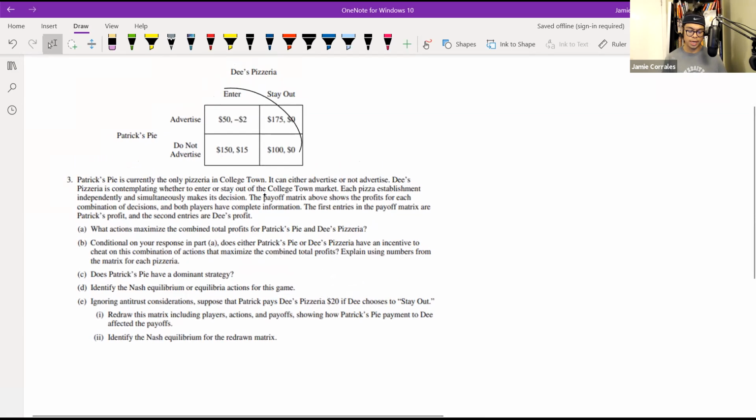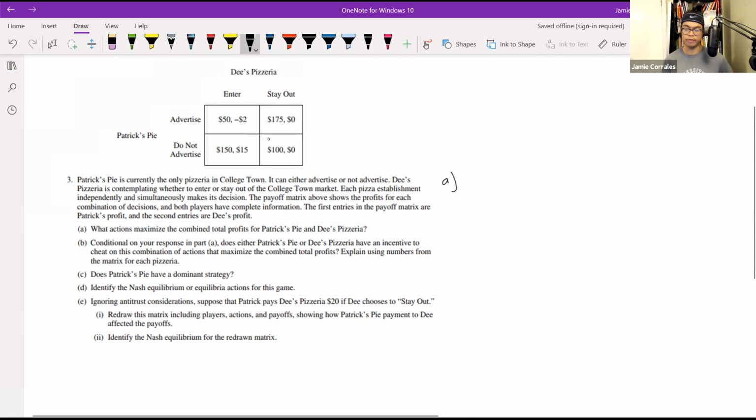So part A is asking, what actions maximize the combined total profits for PP and DP? Oh, so we're looking at which cell here has the highest combined payoff.